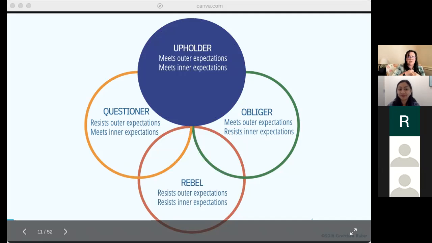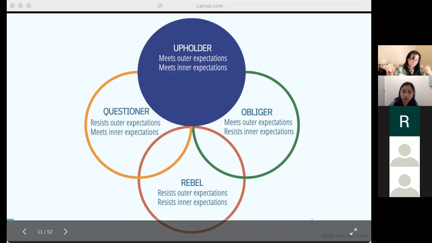This is how she lives her life. And it helps her make sense of the world around her, and she really likes it. She wants to follow the rules. She wants to know where the lines are. She wants everybody else around her to do that too. I'm talking about one of my children. Upholders are very self-directed. They don't need other people to motivate them necessarily.